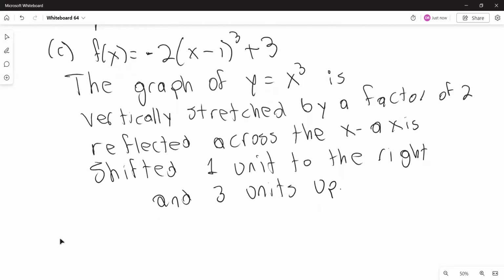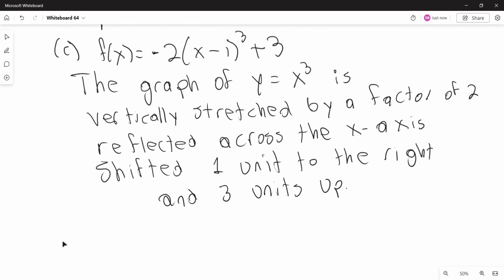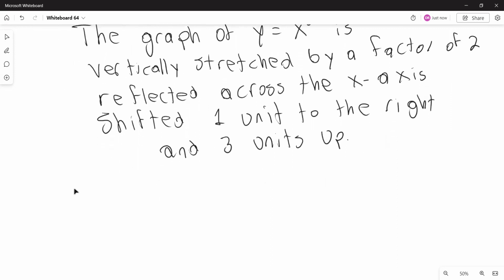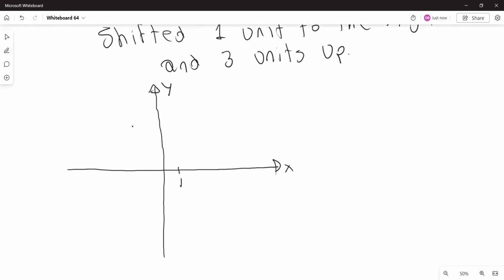Okay, so let's see the graph. We start with the graph of x cubed. Since 3 is odd, that was one of the basic functions that we did in section 2.6. But a few things are happening. First, the graph shifted 1 unit to the right and 3 units up.